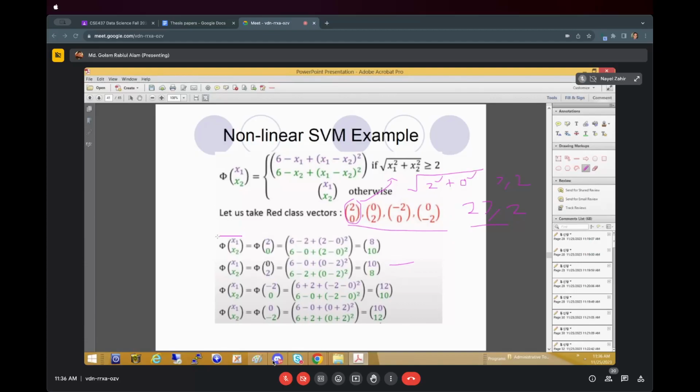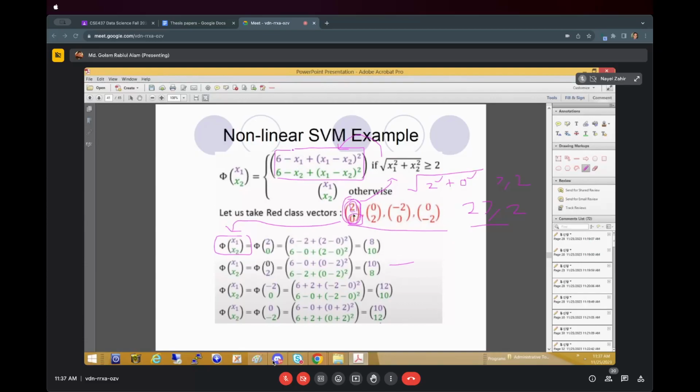So if we pass this vector here, then we have to apply this equation for the transformation. It is 6 minus x1, and for this vector, x1 is 2 and x2 is 0.